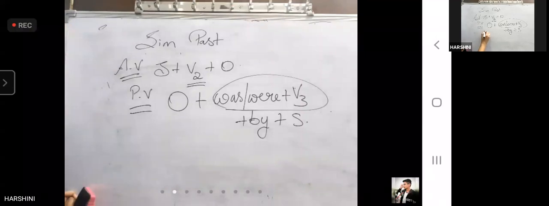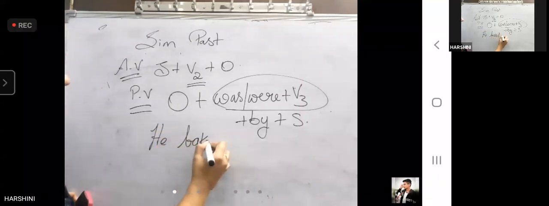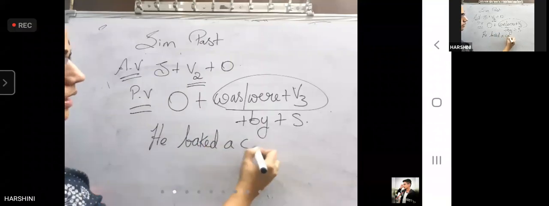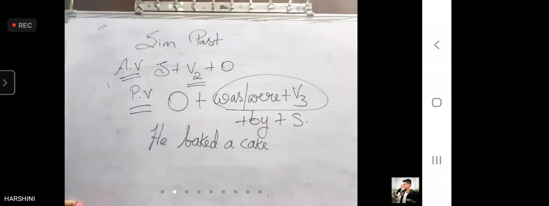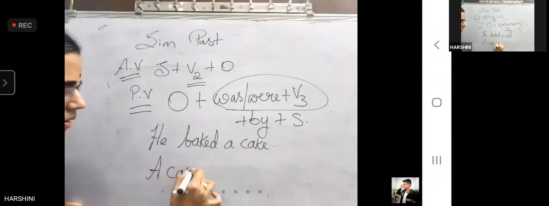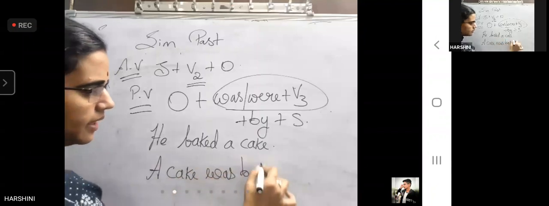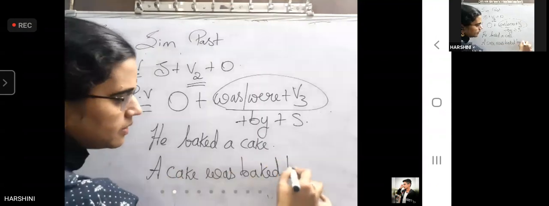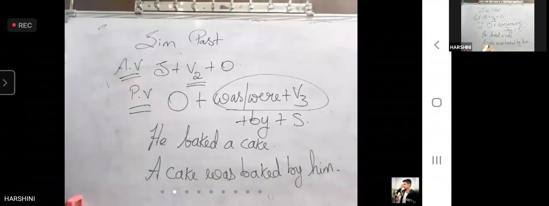This is important. Okay. He baked a cake. What's the answer? A cake was baked by him. Did you ever bake a cake? Why?